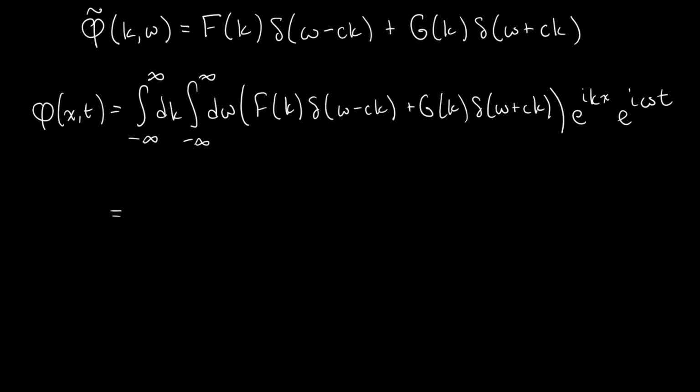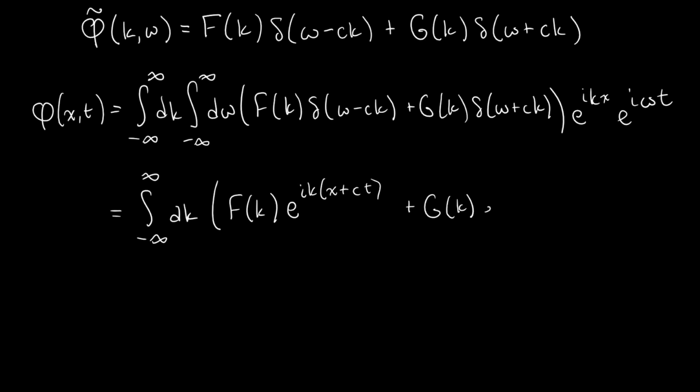So this ends up being something like this: f of k, e to the i k, x plus ct, plus g of k, e to the i k, x minus ct.